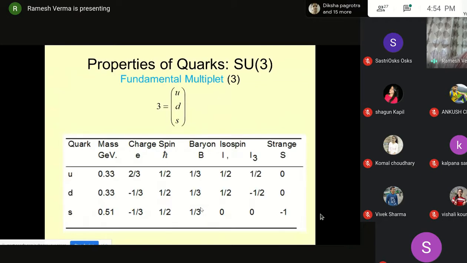So that is how you can estimate, and one can guess the mass of the strange quark by looking at the lambda particle. Lambda particle is actually made up of uds. So just the mass difference of lambda from neutron can give you an idea of the mass difference between the strange quark and the down quark. Take it as a small exercise.